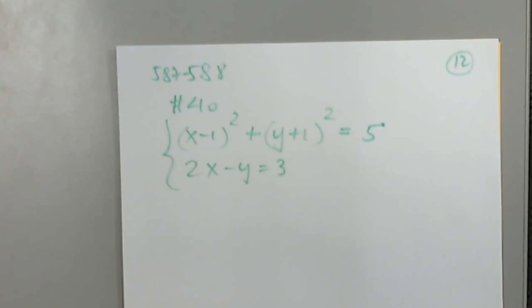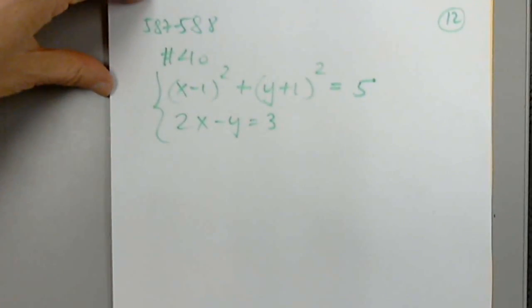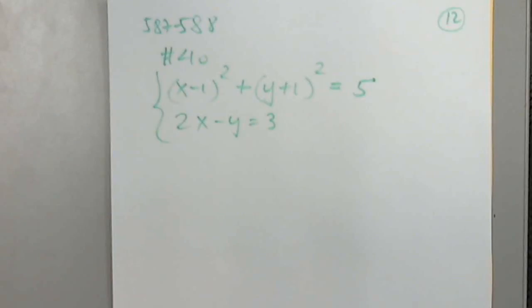I would like you to say, only this method works here, and here's why. Or both methods work here, and here's why. What do you think? It's okay if you're wrong. I just want to hear something from you.